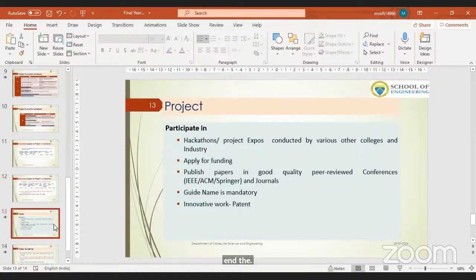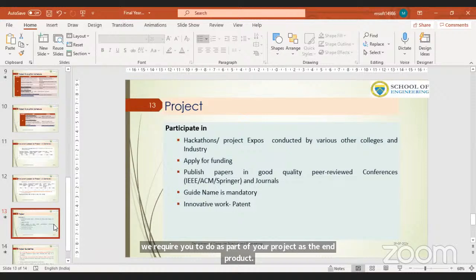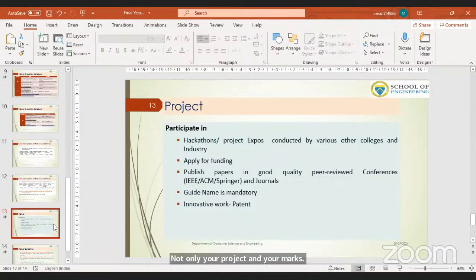So what we require you to do as part of your project, as the end product, not only your project and your marks, but you participating in hackathons and project expos, either by other colleges and industry, as well as by our own college. So usually this is a practice.